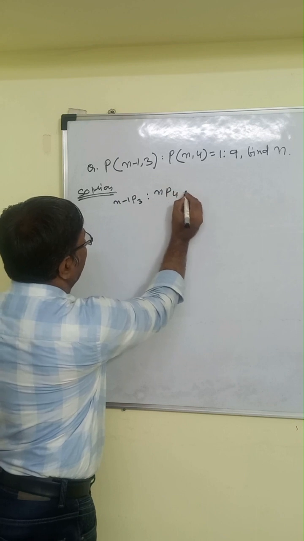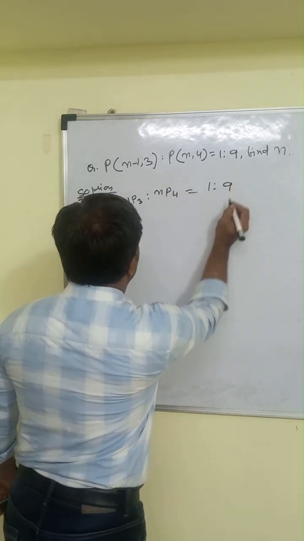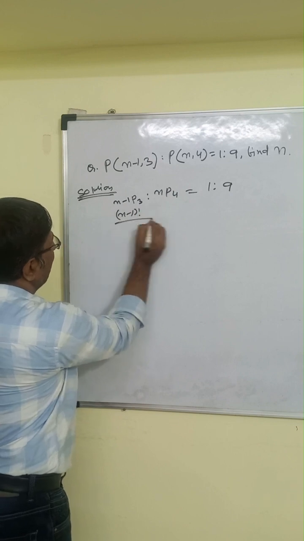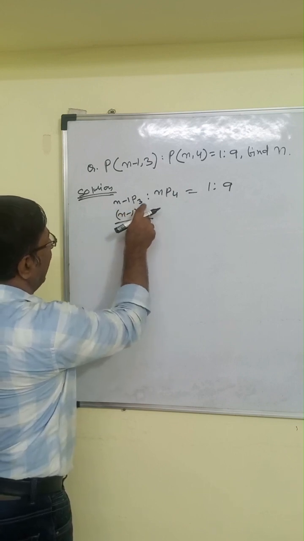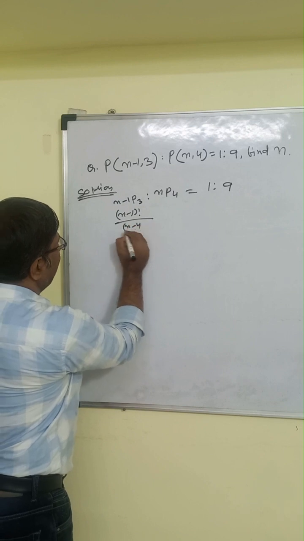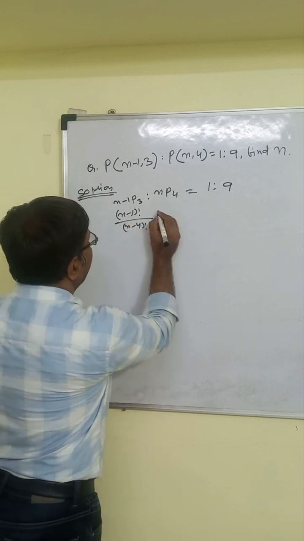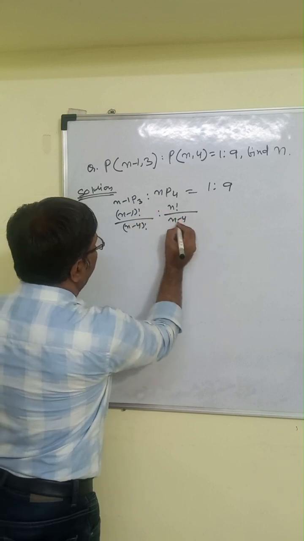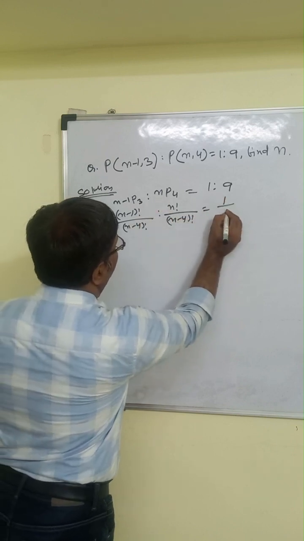That is nP4. And this is 1 ratio 9. So (n minus 1)P3 is what? (n minus 1) factorial and (n minus 1 minus 3). So we will get what? (n minus 4) factorial. And here, this is what? n factorial and (n minus 4) factorial. And this equal to 1 by 9.